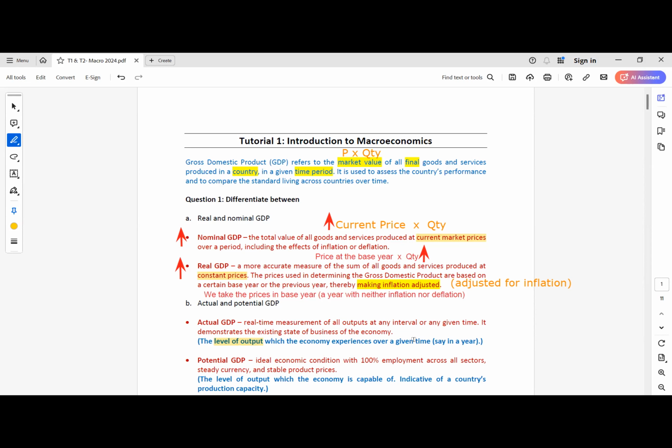So when you look into the red color words over here, you can see that it demonstrates the existing state. Existing state means the current situation of the economy. What is the current GDP of the economy? That's what we call actual GDP.